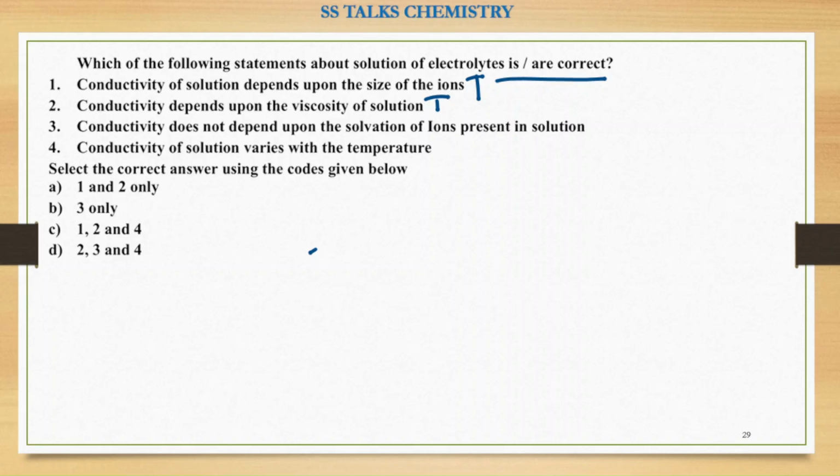Next, conductivity does not depend upon the solution of the ions present in the solution. It says does not depend. It is incorrect because we have been seeing that the solution affects the conductivity. Right. Next, conductivity of a solution varies with the temperature. It is also a true one. So the first, second, and the fourth are correct. That is given to us in option C in this case.